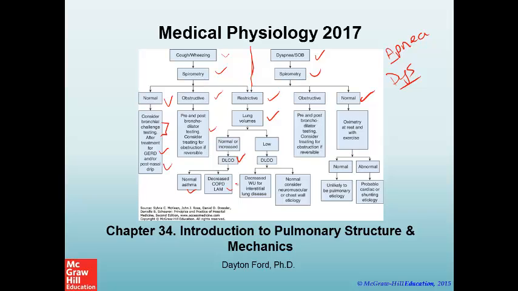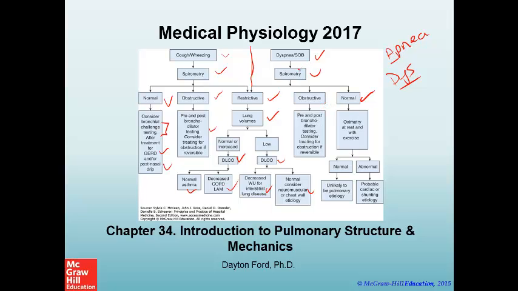If it's decreased, you may suspect some form of COPD. A low DLCO, a low diffusion capacity for oxygen. You then would check for other diseases like interstitial lung disease, neuromuscular changes, chest wall changes, etc.